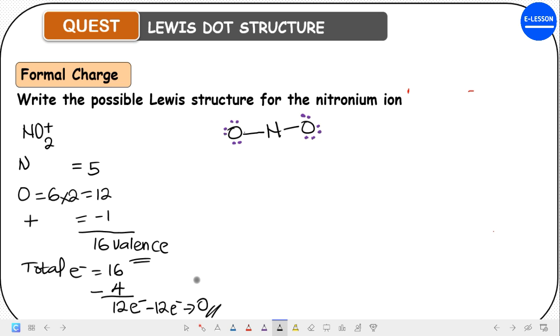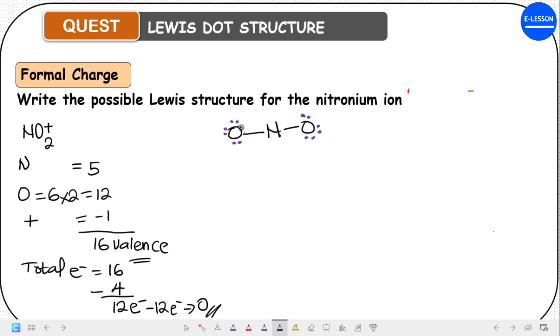Now, the next thing is subtract the number of electrons used up to this point from the one that was remaining, which is 12 minus 12, giving us 0. If there were still more electrons remaining, you would add them as a lone pair on nitrogen. But since there is none, all you need to do is leave it.